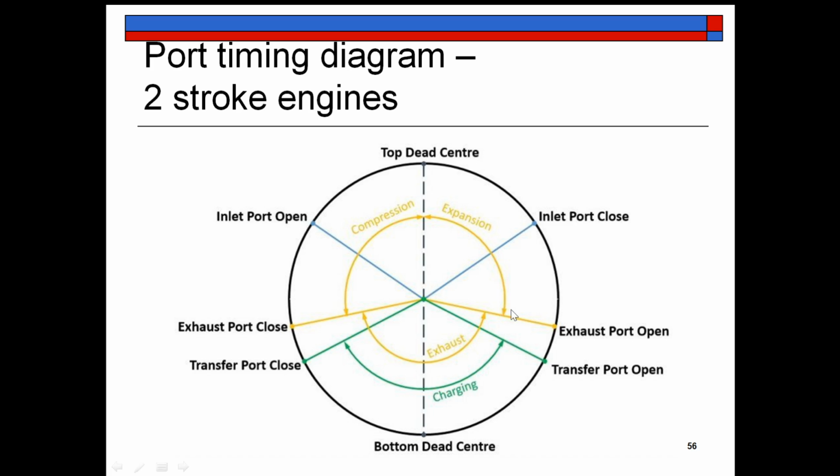Then the exhaust port will be opening in between the top and bottom dead centers, and the exhaust port will be closing between the BDC and TDC. So this is how a port timing diagram is plotted.